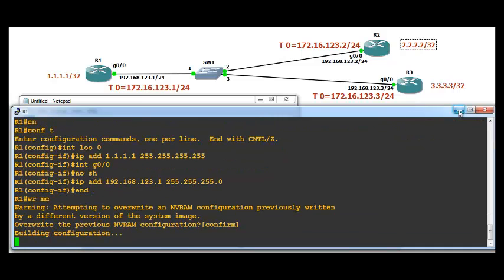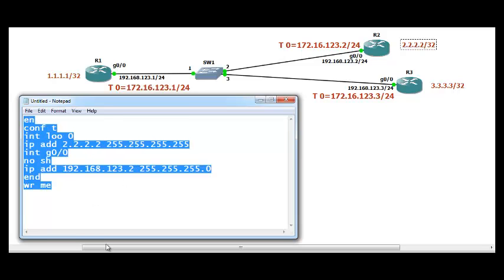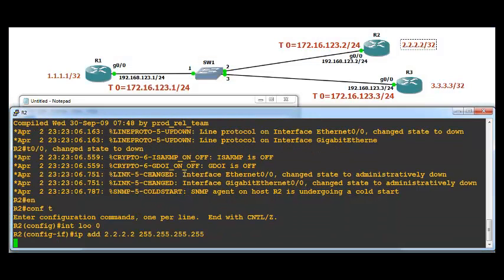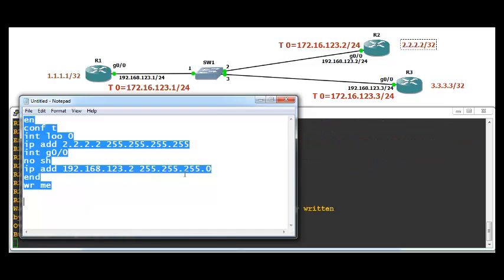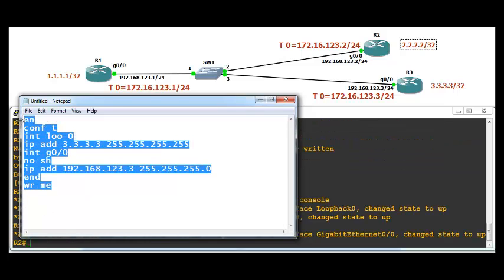Let's do router 2 and 3. All that I need to do is just put 2.2.2.2 and 192.168.123.2, copy and paste it. Router 2 is also ready for us. Next is router 3. I'll paste this on router 3.